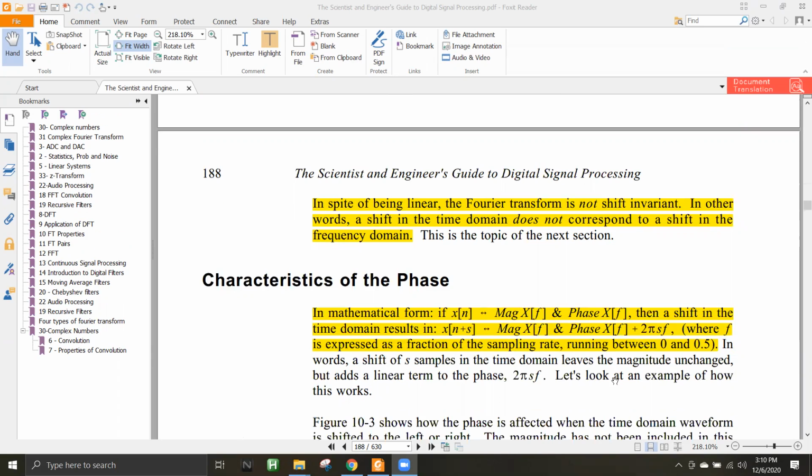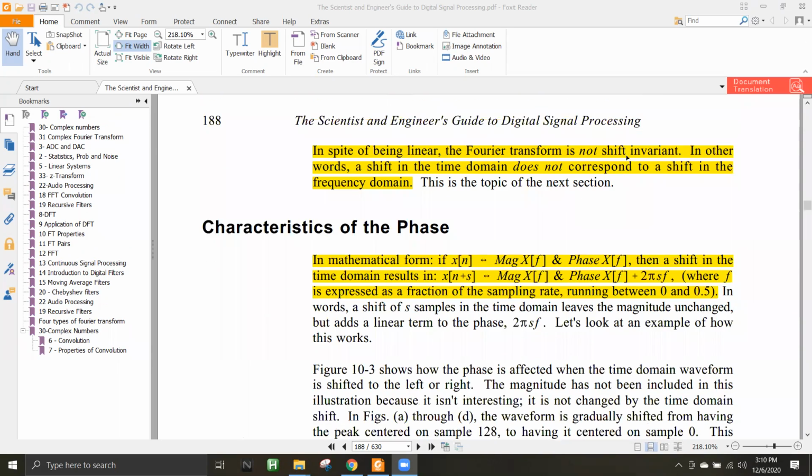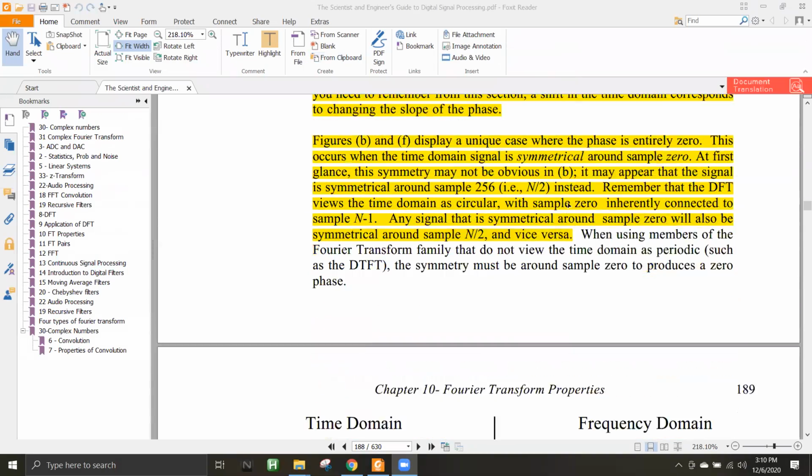Why? This is the proof of it. By shift invariant, we would mean that if you perform x[n minus k] or x[n plus k], whatever you did, the corresponding frequency domain would also be shifted by an equal amount, right? But that does not happen. This is the proof of it: the phase is not shifted by an equal amount, it is shifted proportionally.